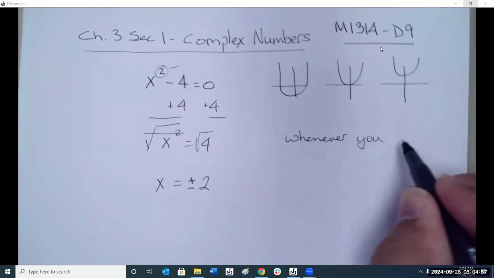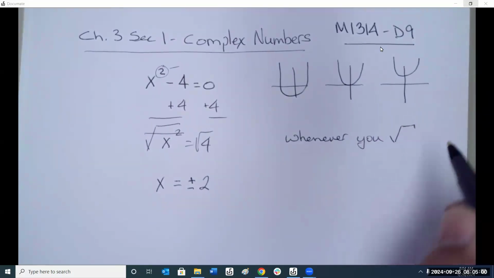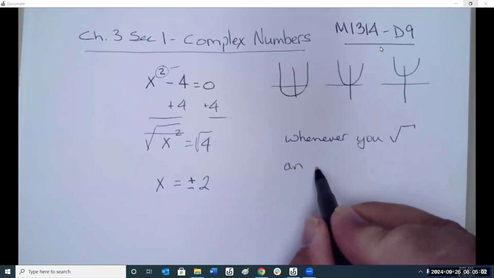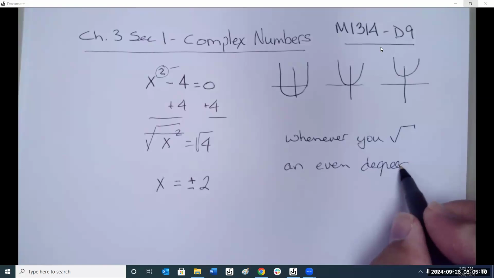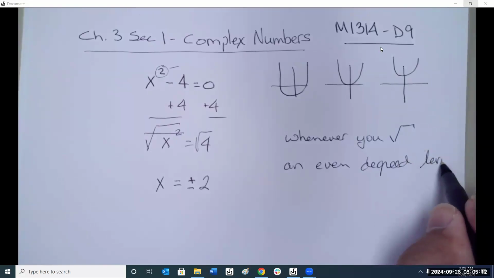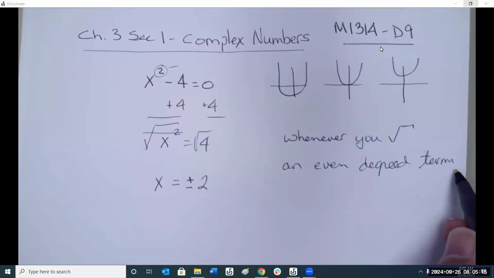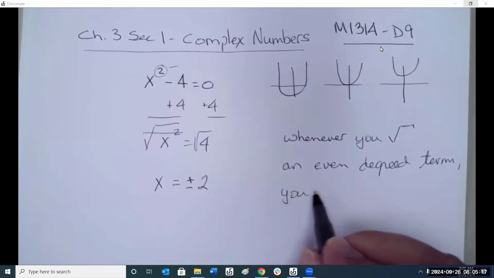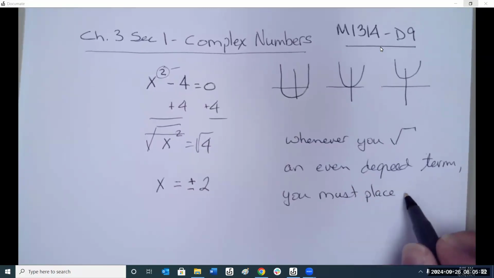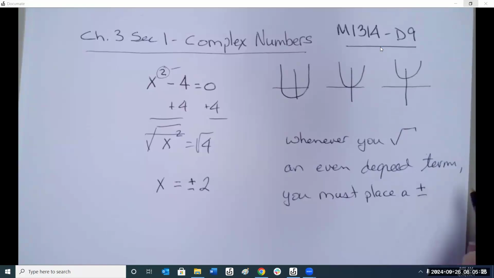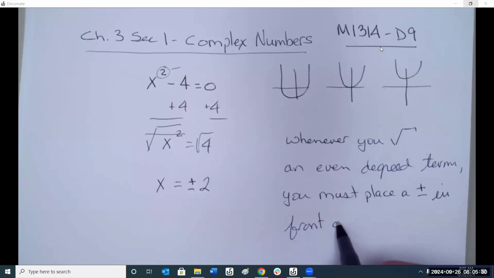Whenever you square root an even degree term, you must place a plus minus in front of the solution.